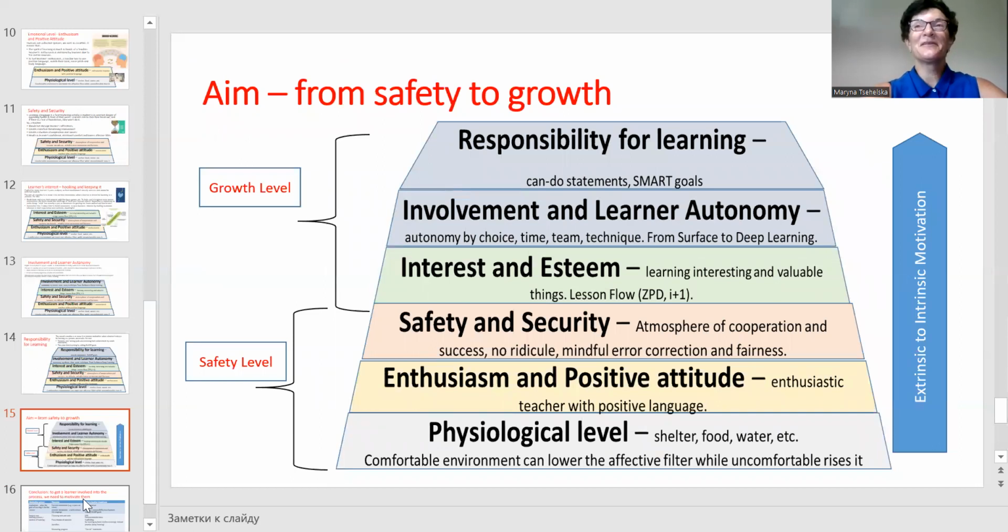So here is our schema. It shows all learning series. It also shows the series of motivation, and it shows what we need to achieve as teachers. We actually need to bring our learners from safety to growth level.